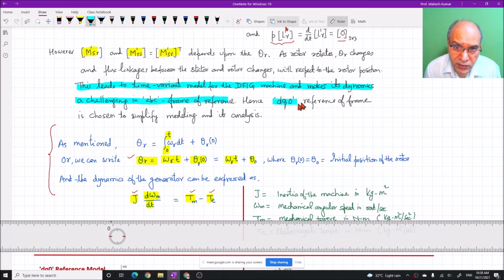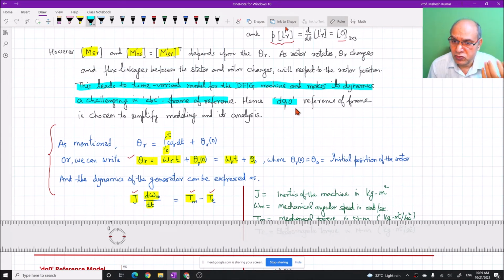Therefore, we need to transform all these three-phase ABC quantities into the DQ0 frame of reference. How can this be done? We will first assign the orientation of these axes and then resolve the components of ABC along the DQ0 axes and simplify them.